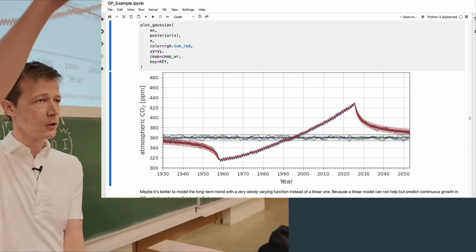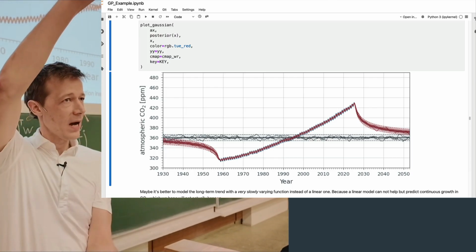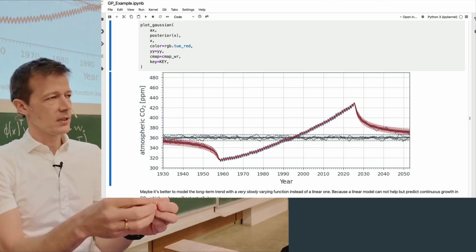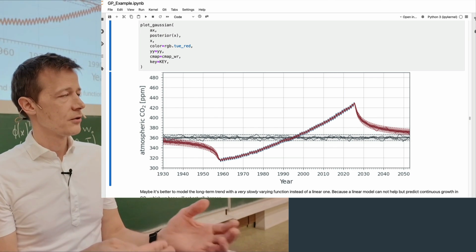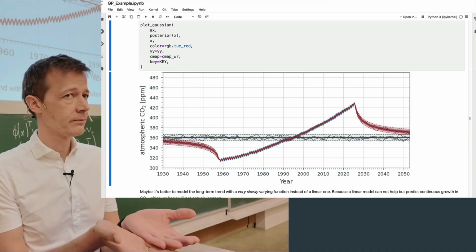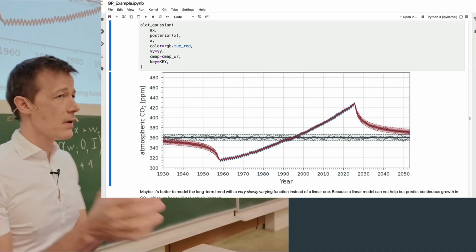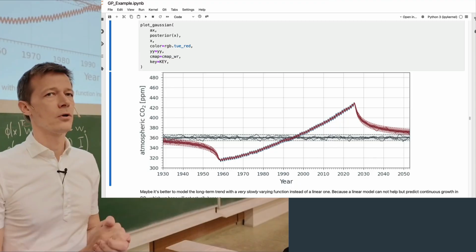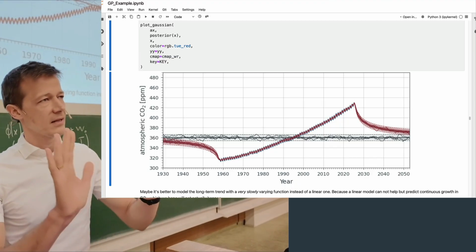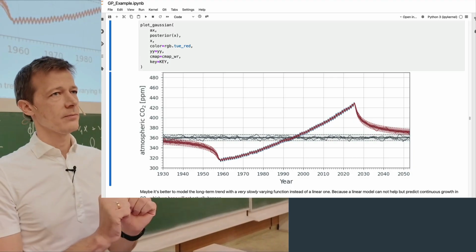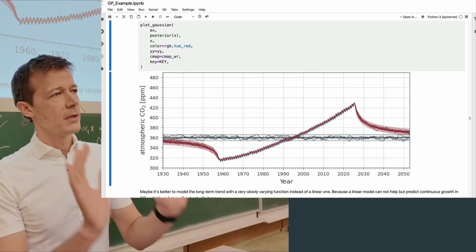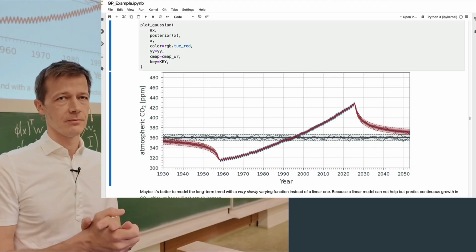You can scale their output to make them wider as a distribution. You can linearly or non-linearly transform their inputs to give a different meaning to the input domain. Or you can multiply two kernels or add two kernels together. I said that adding is like an OR relationship, while multiplying is like an AND relationship.